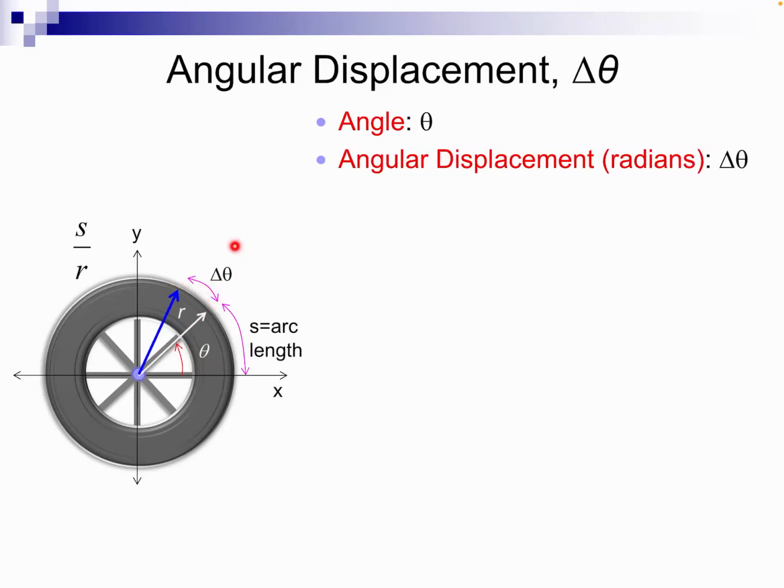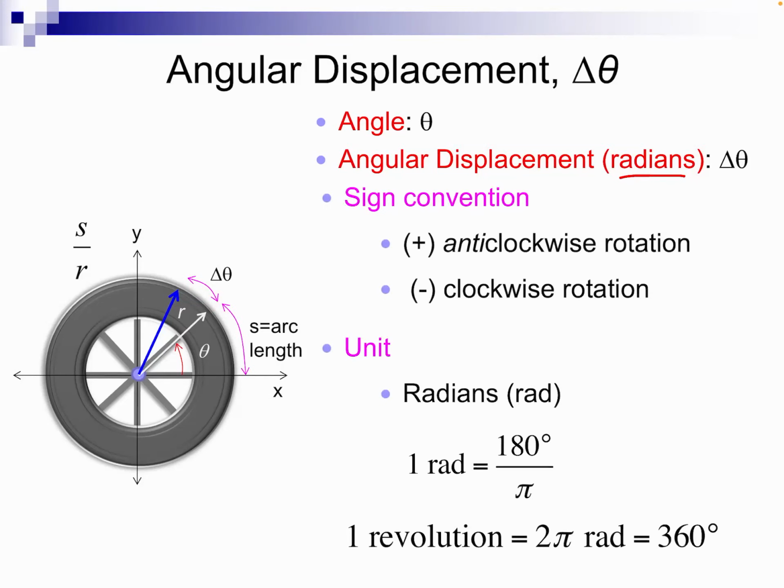So delta theta here is how much the angle changed over some period of time. We call this change the angular displacement. We measure the angular displacement in radians, so the SI unit we will use for angular displacement is radians.